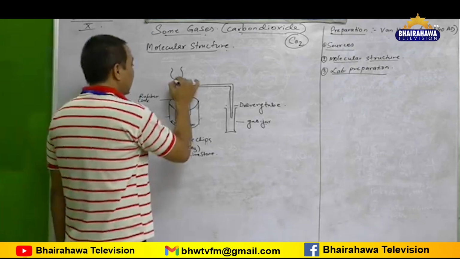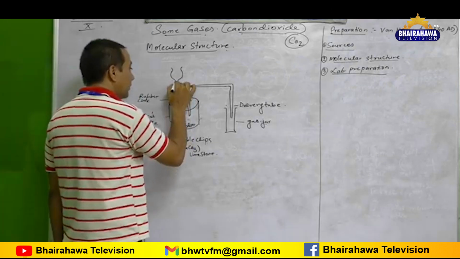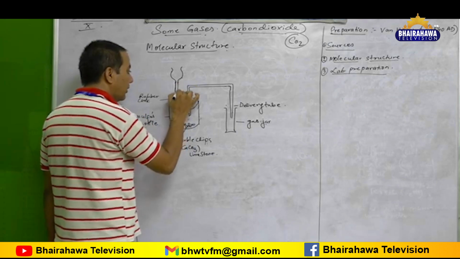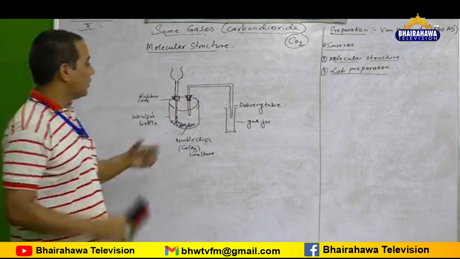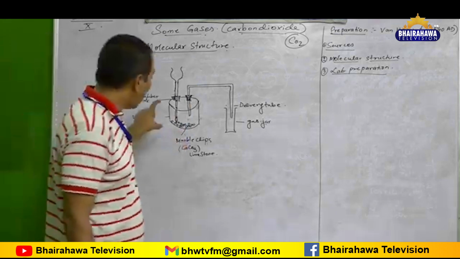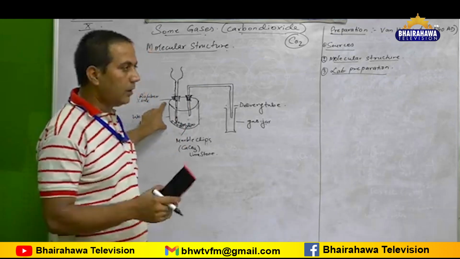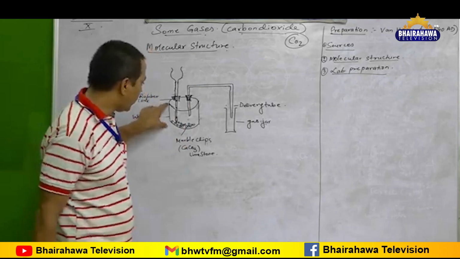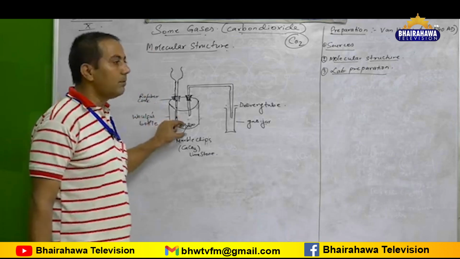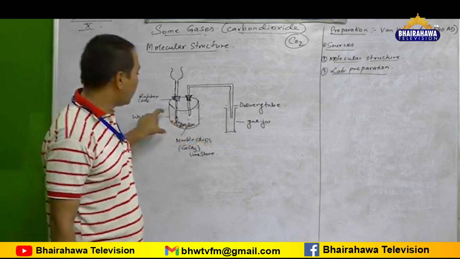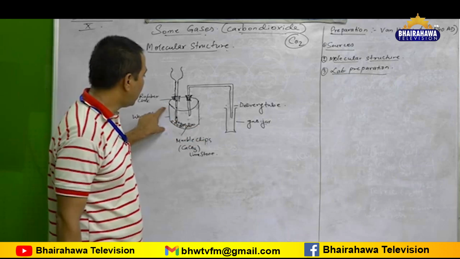So, it has a funnel. So, what will we do now? First, we will take a wolf bottle. Okay, we put some marble chips inside the wolf bottle.